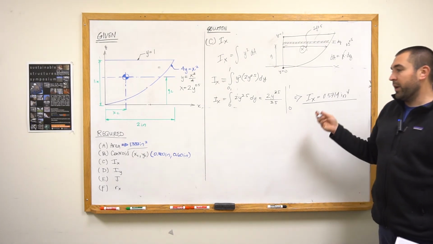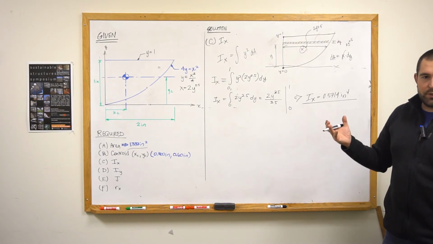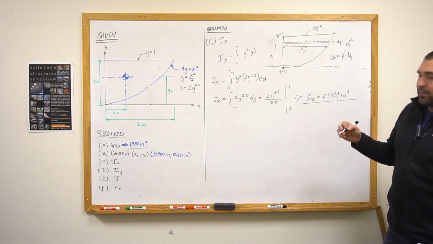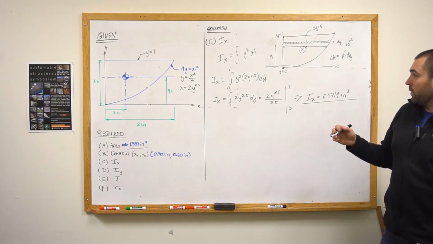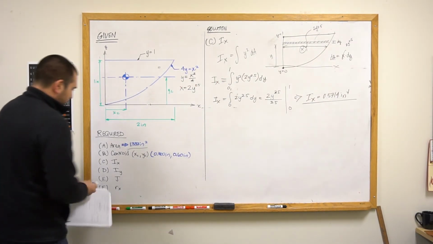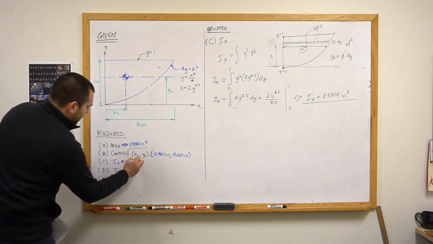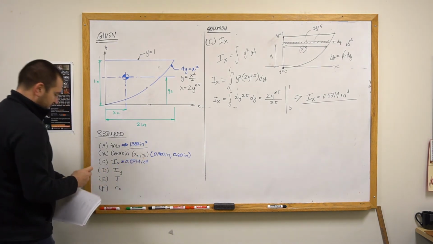We can double check our work, but we don't have a quick reasonableness check to make sure that it's correct. So let me write this value down right here. Ix equals 0.5714 inches to the fourth.